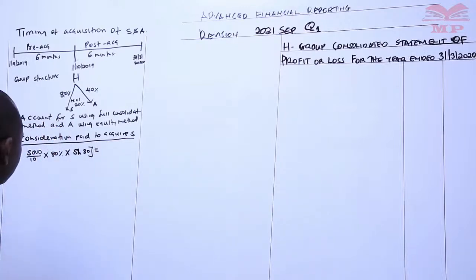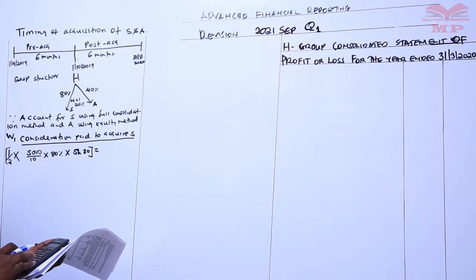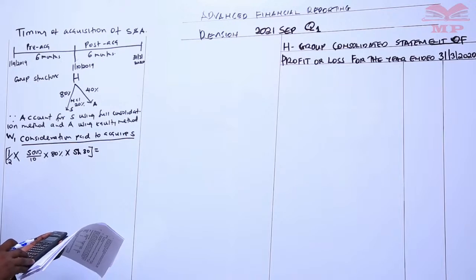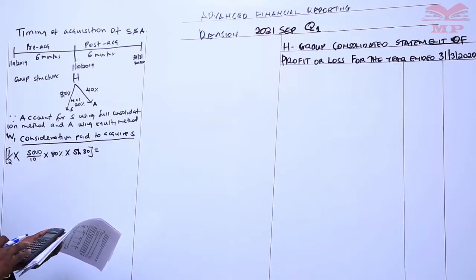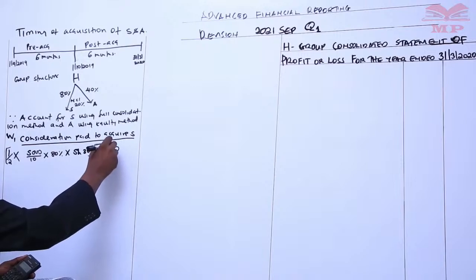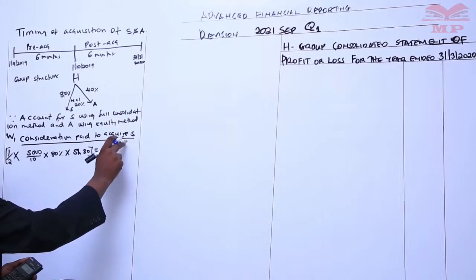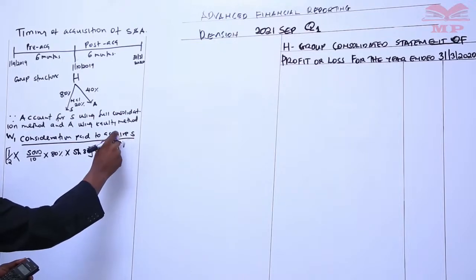What do you get? That is 5 million divided by 10 times 0.8 times 30 times 0.5. You get 6 shillings in millions.